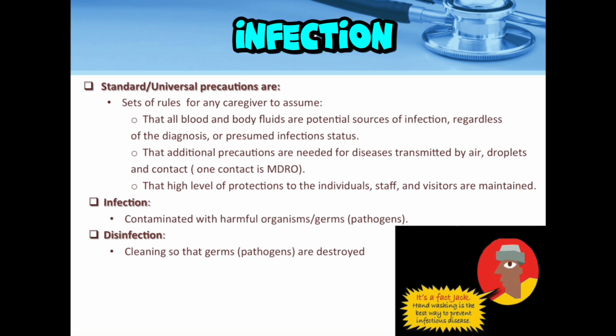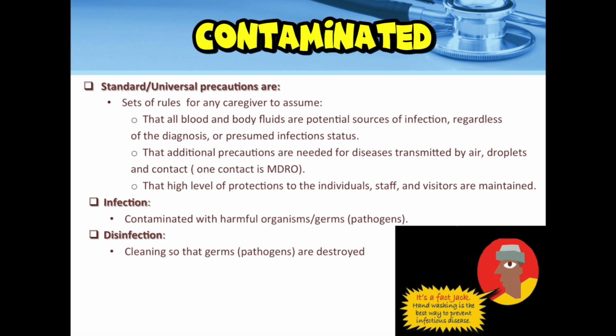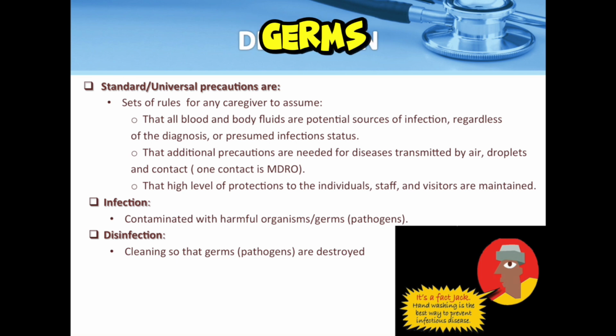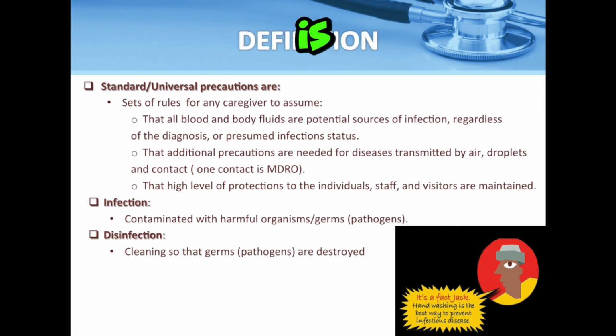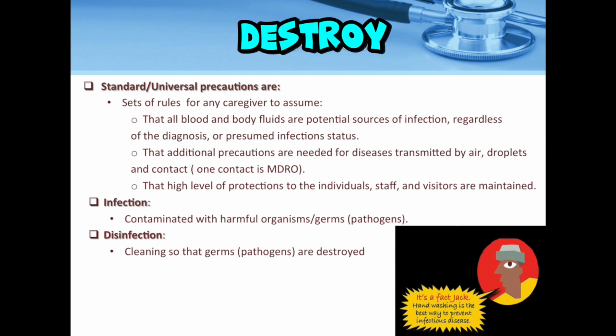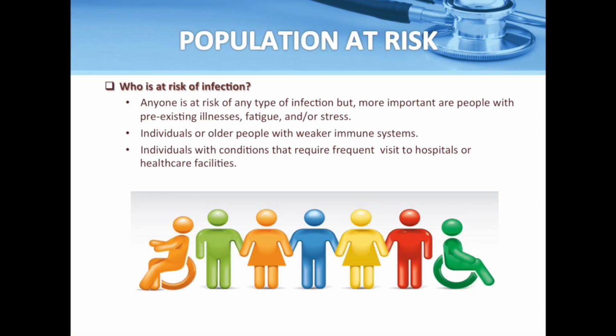Infection is contamination. When somebody is contaminated with harmful germs, that's when we talk about infection. And disinfection is when we do everything in our power to destroy those germs so that they don't become harmful to us. So who can be infected? Who is at risk of infection?